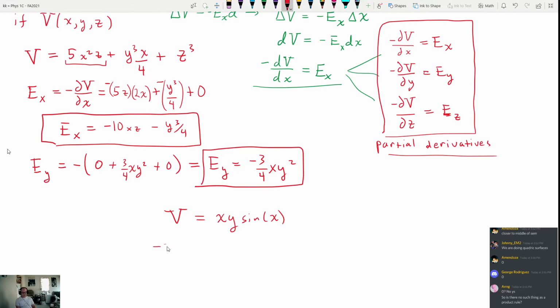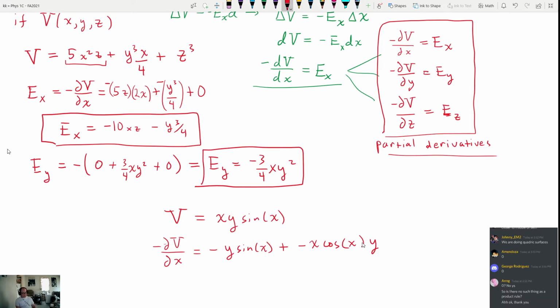Just to show you, if we did negative del V del x here, you would get negative something like that, right? So you still have to do the partial. You still have to do the product rule, and you still need to do the chain rule and all that kind of stuff. But you just treat y as if it was just a number, basically. That's really the only difference. It's not super complicated.